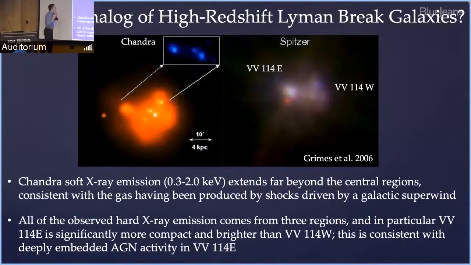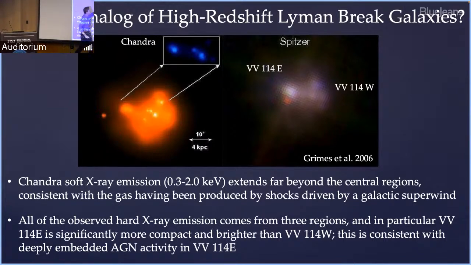So what did we learn about VV114 before JWST? Well, from previous Chandra and NuSTAR observations, we know that the soft X-ray emission, what you see here in orange, actually extends far beyond the central regions of the galaxy. And if you look in the hard X-rays, essentially all of the hard X-ray emission is coming from these three knots. One of those knots is VV114 East, one is the nucleus VV114 West, and then a very massive star-forming region.